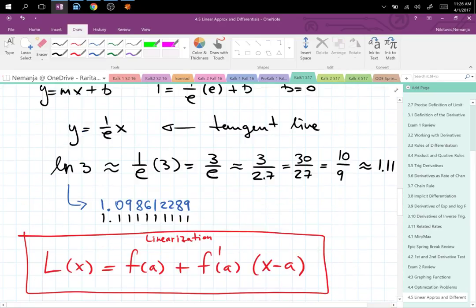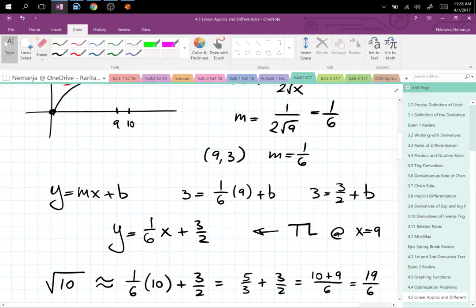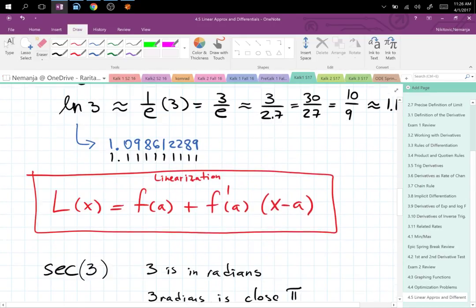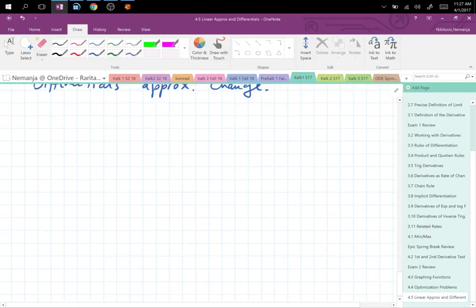Maybe I should add that somewhere. A linear approximation. Here, I can do linearization, approximate values.